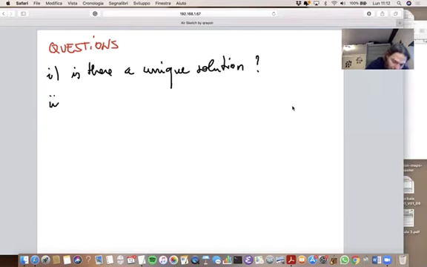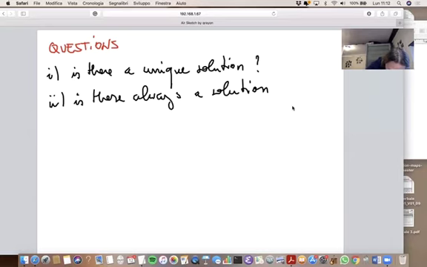Second, is there always a solution? Now, maybe we've been lucky. Maybe this time we were able to solve this problem. Maybe some problems don't have a solution, not even numerical.